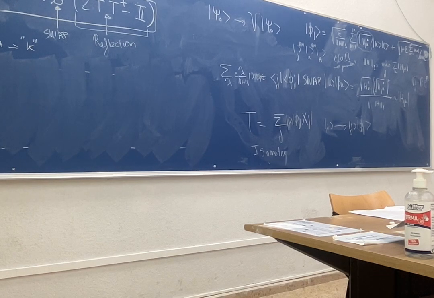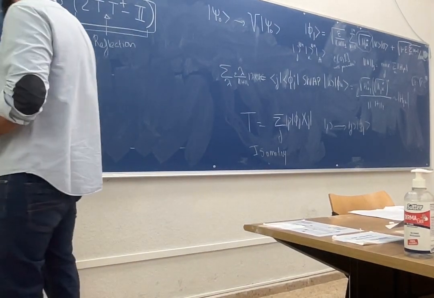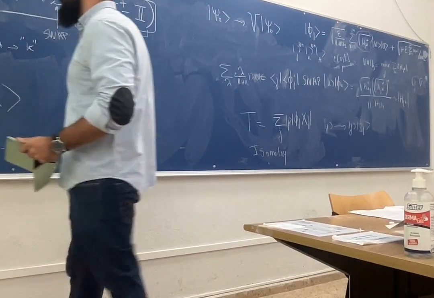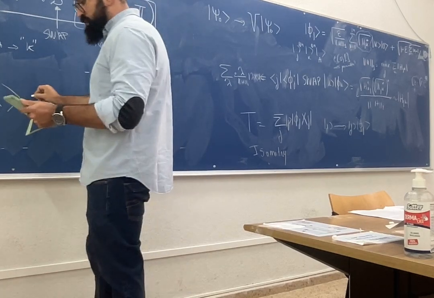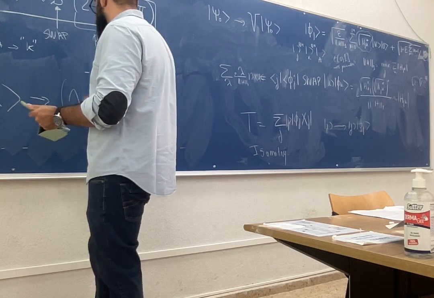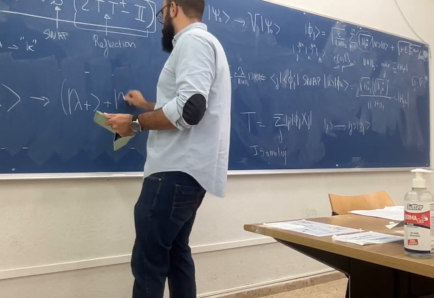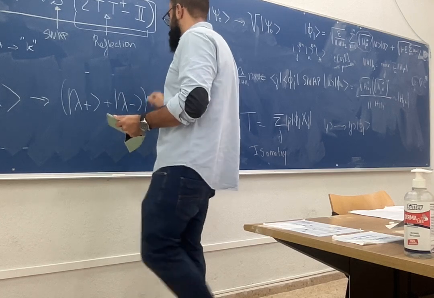So the thing now is that if we take the basis of eigenstates of our Hamiltonian and we apply T to an eigenstate of our given Hamiltonian, we are going to obtain a superposition of two states, which we will call lambda plus and lambda minus.